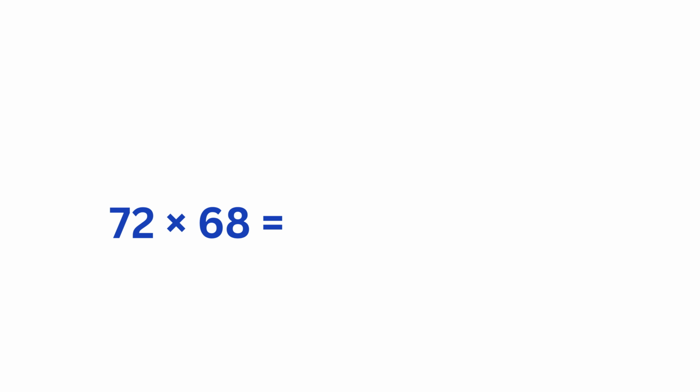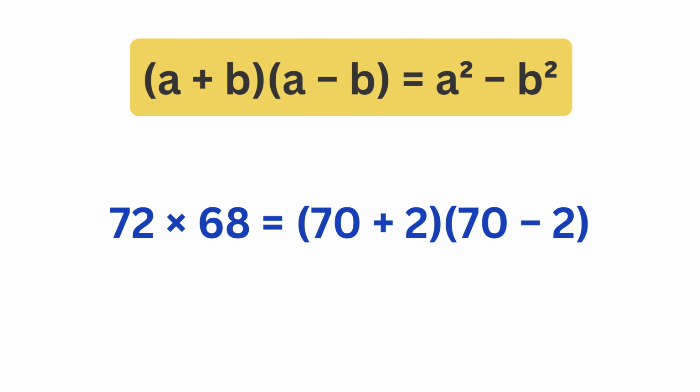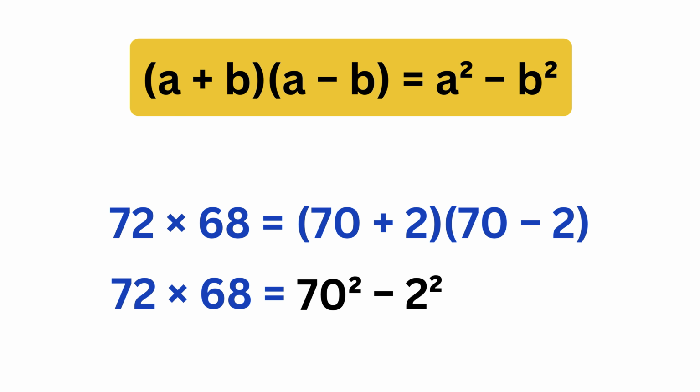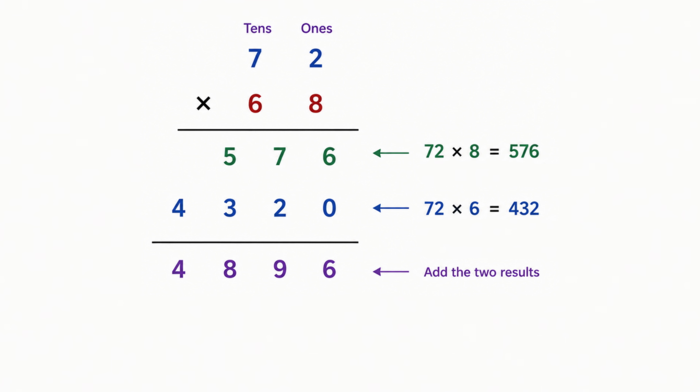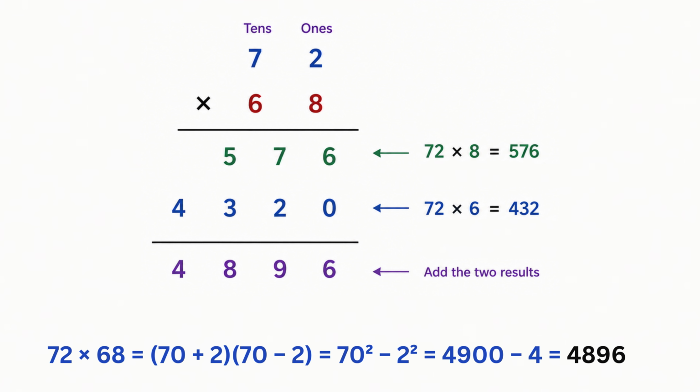We can write it as (70 + 2)(70 − 2). By applying the identity, it becomes 70² − 2², which equals 4900 − 4, equals 4896. Instead of lengthy multiplication, a simple algebraic identity gives us the answer in just a few steps.